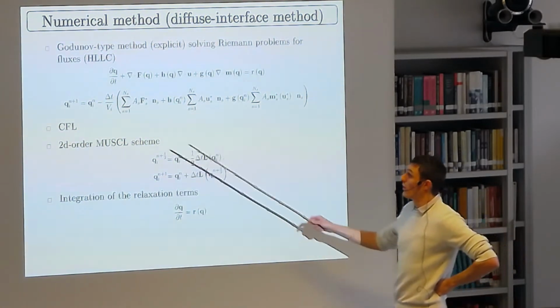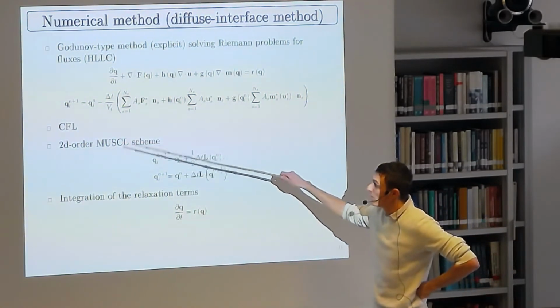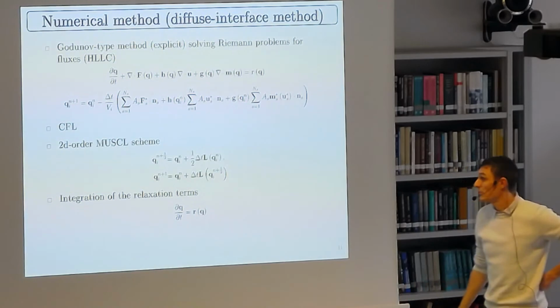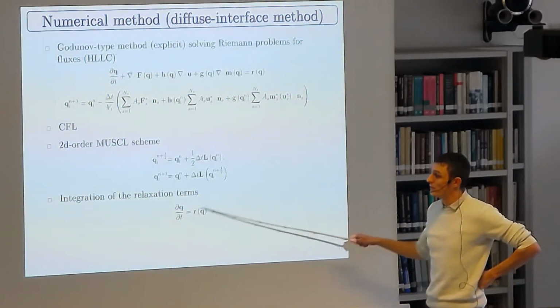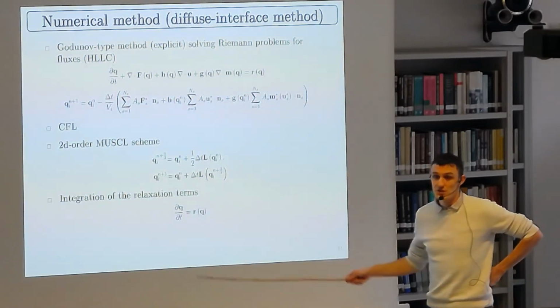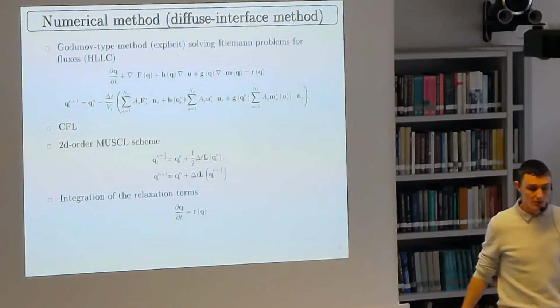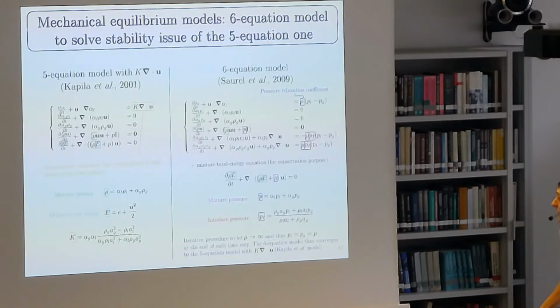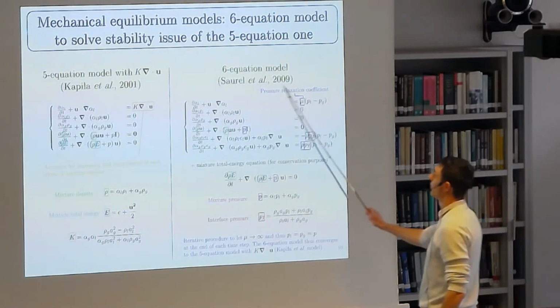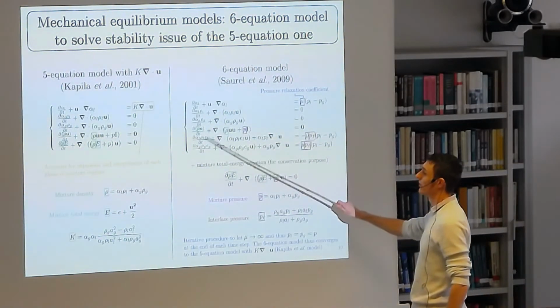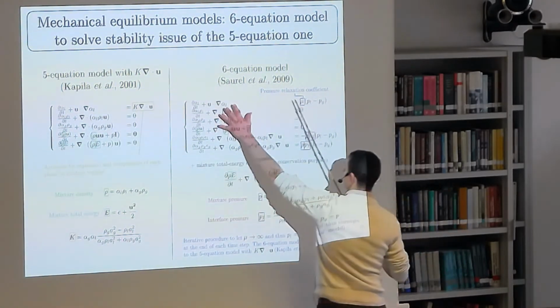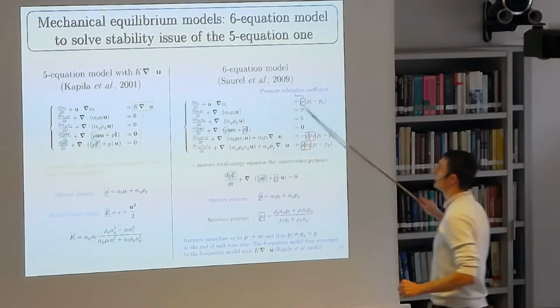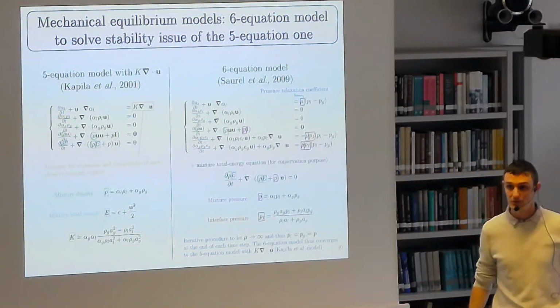And we are always constrained by a CFL. We use a second order MUSCL scheme, and we always solve a system of ODE. Once you solve all the terms linked to the hyperbolic system, then you only have the ODE system with the relaxation terms to solve.